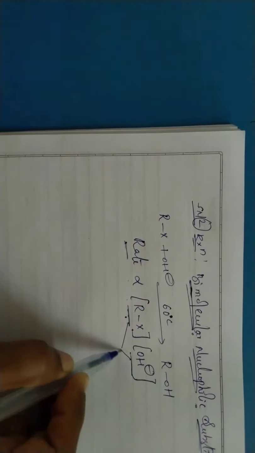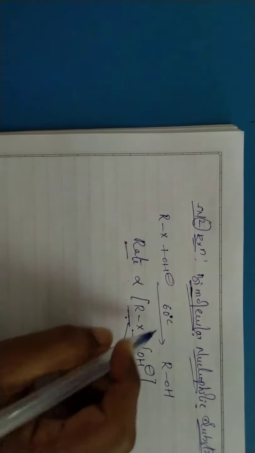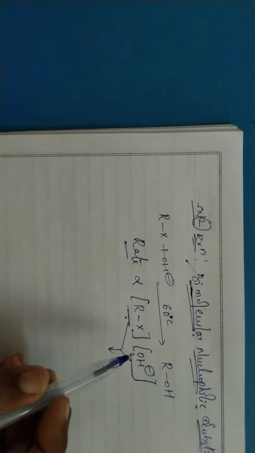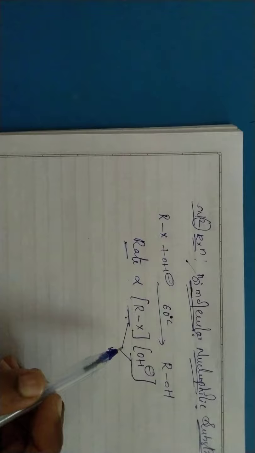Compounds in square brackets indicate concentration. Two molecules are involved in the rate equation, that's why we call it bimolecular.